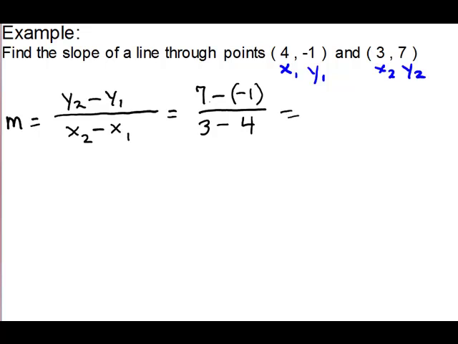Working out the numerator, remember minus a negative gives you a plus, so we have 7 plus 1 gives us 8. On the denominator, 3 minus 4, or 3 and a negative 4, will give us a -1. And then we can simplify 8 over -1 is just a -8.